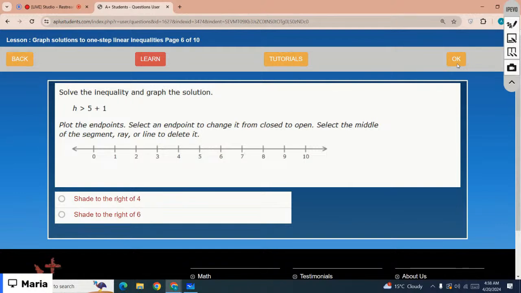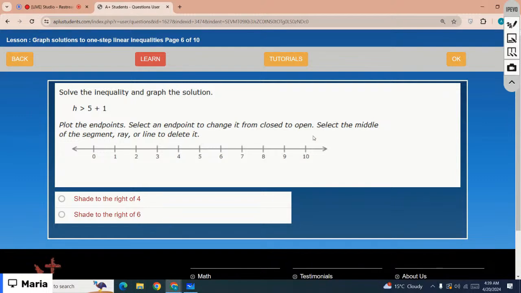So which is the correct option? The correct option is shade to the right of 6.